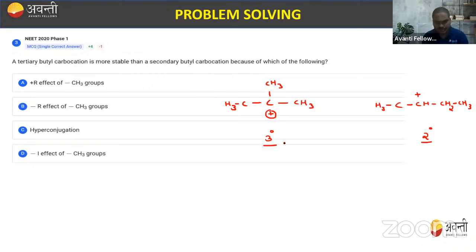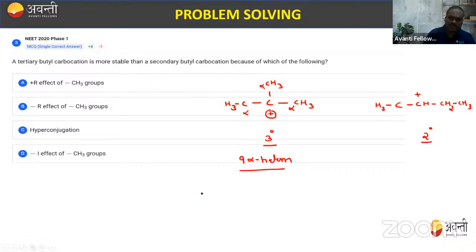So this is the tertiary one and this is the secondary one. Now the question asks why tertiary butyl carbocation is more stable. So tertiary butyl carbocation is more stable because if you're considering the alpha carbon, so this is alpha carbon, and this is also alpha carbon. So in alpha carbon total we have 3, 3, 3, that is 9 alpha hydrogen atoms. Got it.